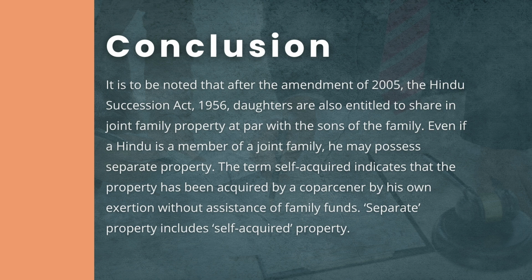Even if a Hindu is a member of a joint family, he may possess separate property. The term self-acquired indicates that the property has been acquired by the co-partner by his own exertion without assistance of family funds. Separate property includes self-acquired property.